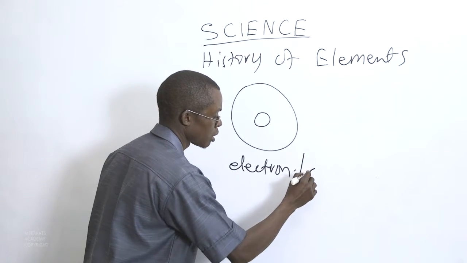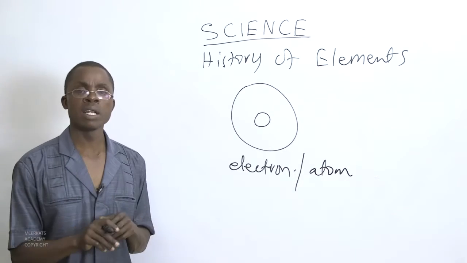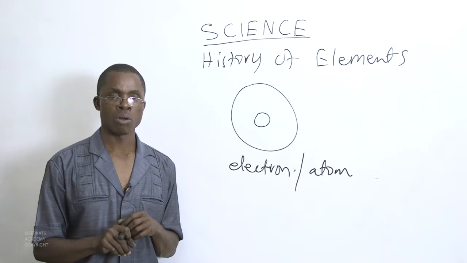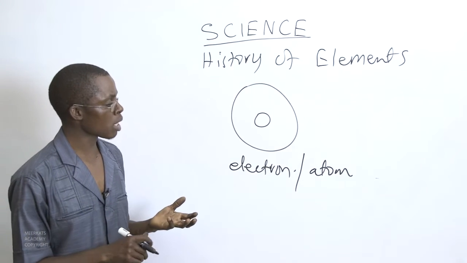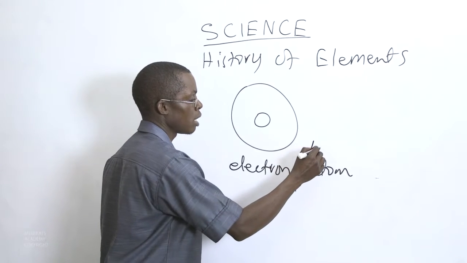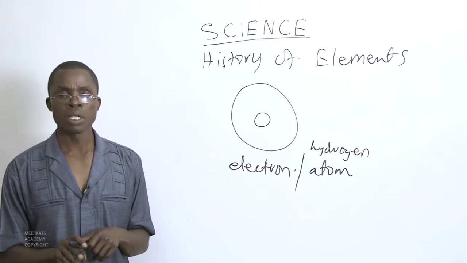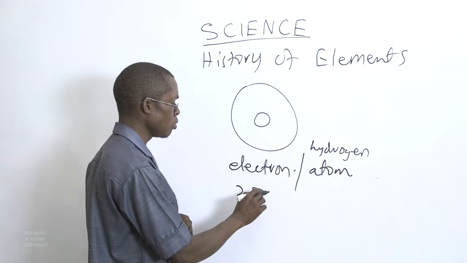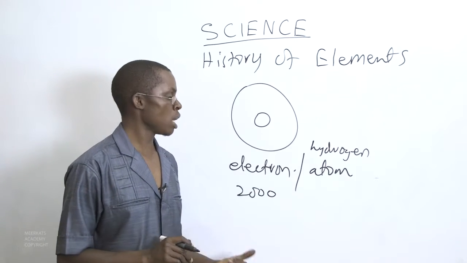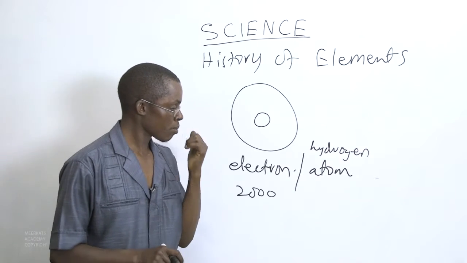So, electron versus atom, and he discovered that an electron is very, very small compared to an atom. The atom he was talking about was a hydrogen atom. By then, he was working on the hydrogen atom, and the electron was about 2,000 times smaller than a hydrogen atom.